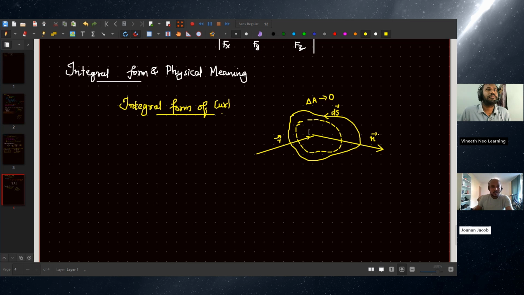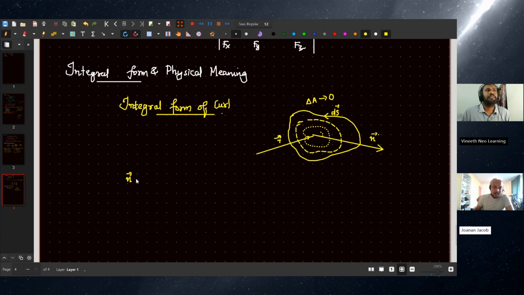I hope you are getting the idea. It's very difficult to draw in a three-dimensional way. This normal is normal to this plane here.